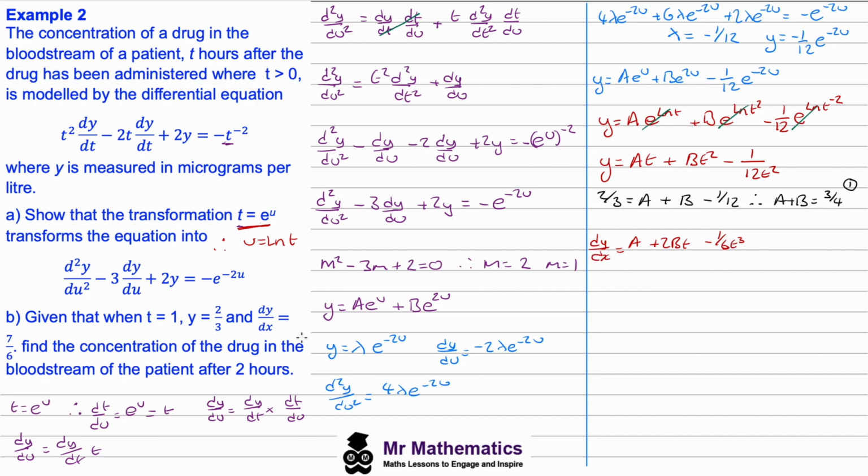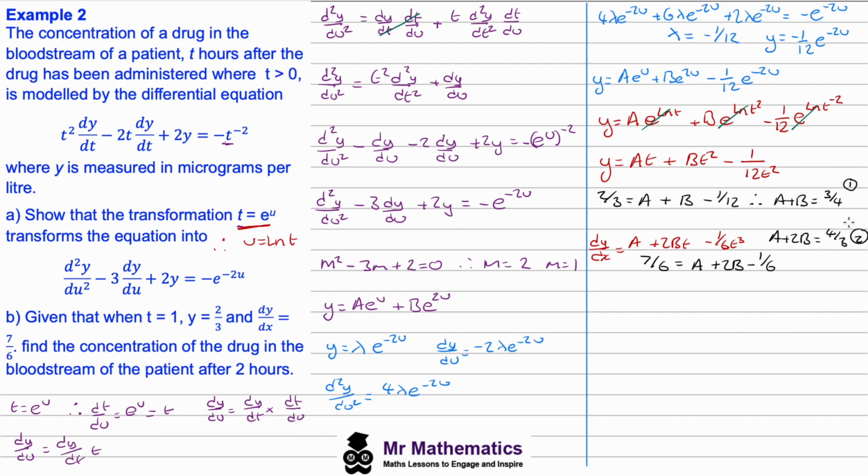Putting back in our boundary conditions, we've got dy by dx is 7/6. This will equal a plus 2bt, so plus 2b, minus 4/16. So a plus 2b will equal 8/6, 4/3. And we'll call this equation 2.